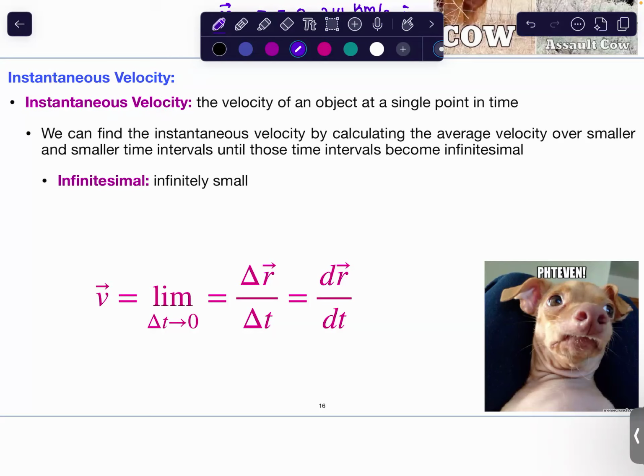It would be an infinitely small difference. So as your delta t tends towards zero, your velocity, your delta r over delta t, your deltas also become infinitely small. So that ends up with this final expression here, dr dt. What do you think that is? Derivative.